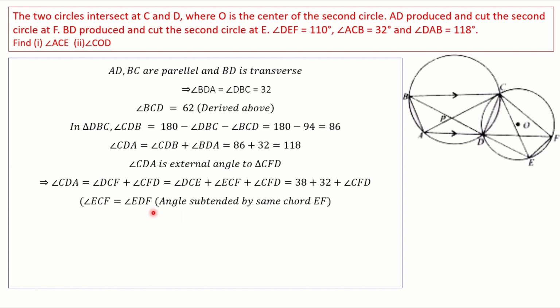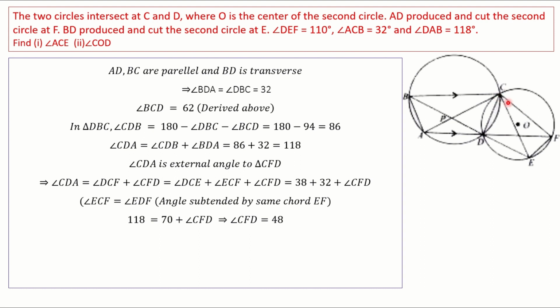Angle ECF, how did we get it? It is nothing but EDF because ECF and EDF are angles subtended by the same chord EF. So angle CFD, how much did we get? 48 degrees. Angle CFD is 48 degrees.